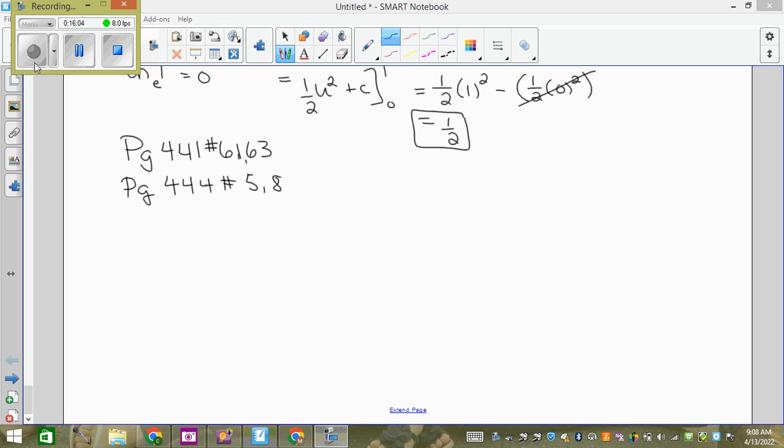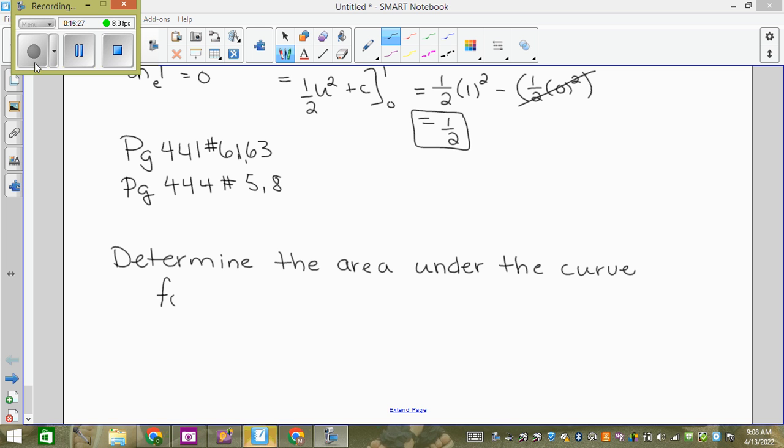Try this out. I want you to determine the area under the curve f of x equals 16 minus x squared on 0 to 4.